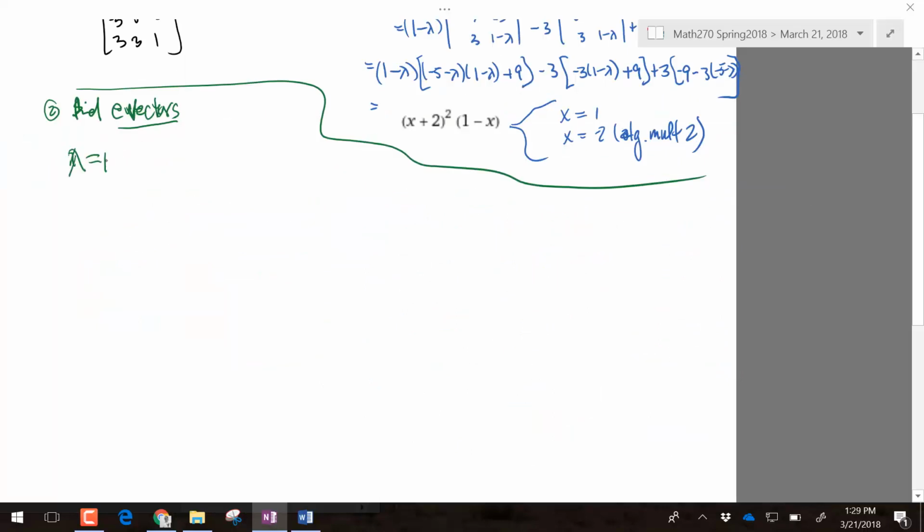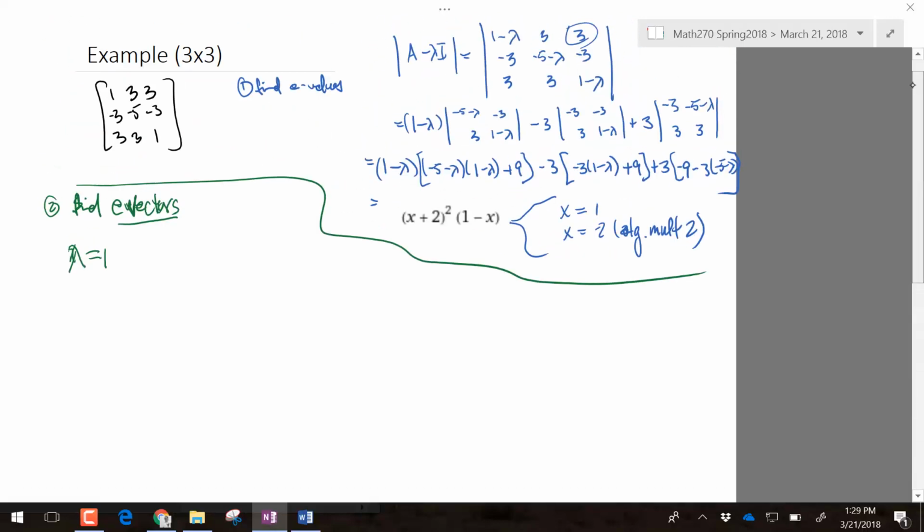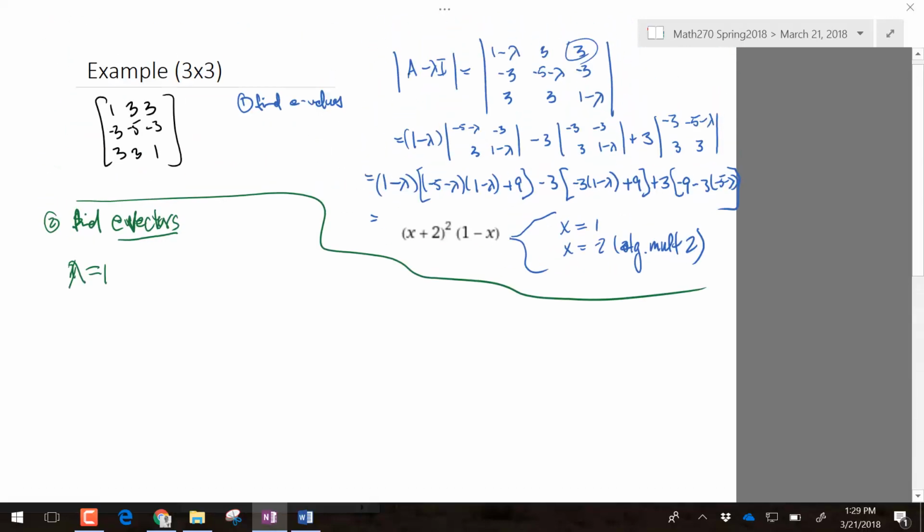Lambda is equal to 1. So I need to go back to my A minus lambda I and put 1 in. So pretend that lambda is equal to 1. And what do we get? We get 1 minus 1 is 0. 3, 3, minus 3. Minus 5 minus 1 is negative 6. And then 3, 3, 1 minus 1 is 0.